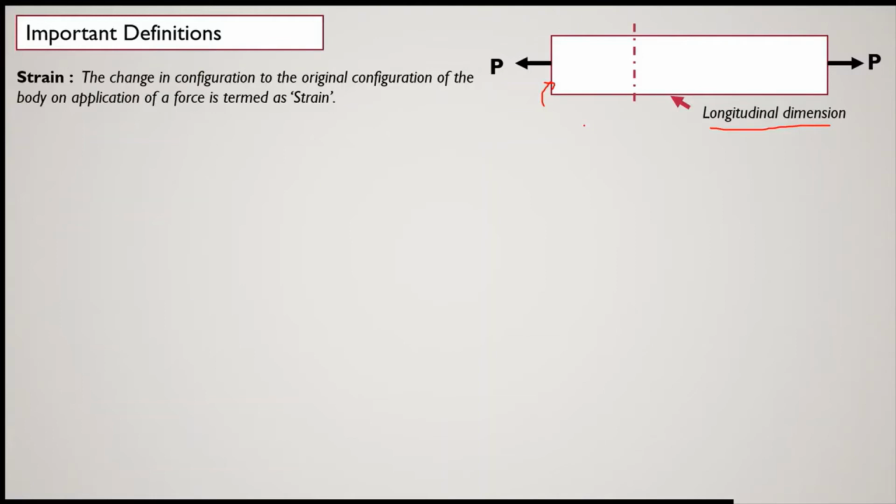So when your force is more than the resisting force, then there will be some deformation in the body. Deformation may be in terms of its length: it may increase, that means there may be some elongation, or if there is a compressive force, then there may be compression in the longitudinal dimension.